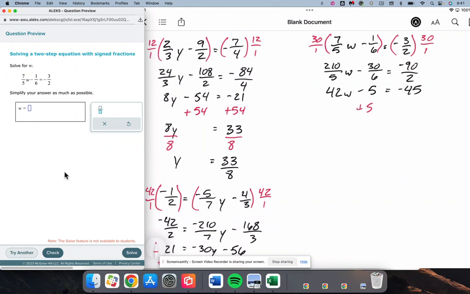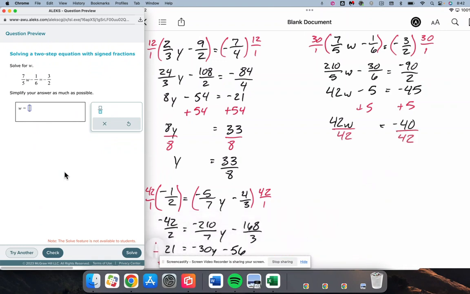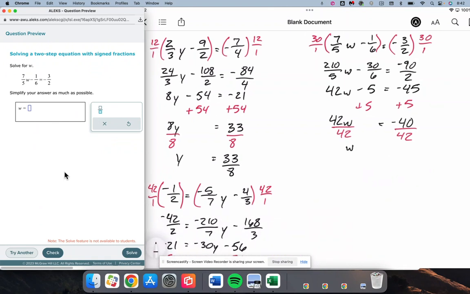We're going to add 5 to both sides. 42w is equal to negative 40. Divide by 42. We get w is equal to negative 40 over 42. And we can simplify that by dividing by 2 to be negative 20 over 21.